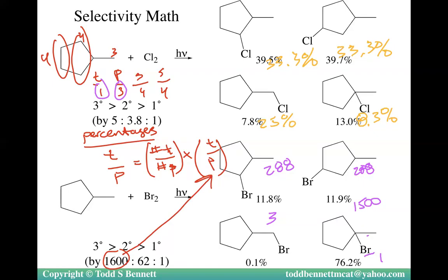The math isn't that bad. So this is the number, and this is the percent tertiary formed over the percent primary formed equals the actual ratio, the abundance, times the reaction preference.